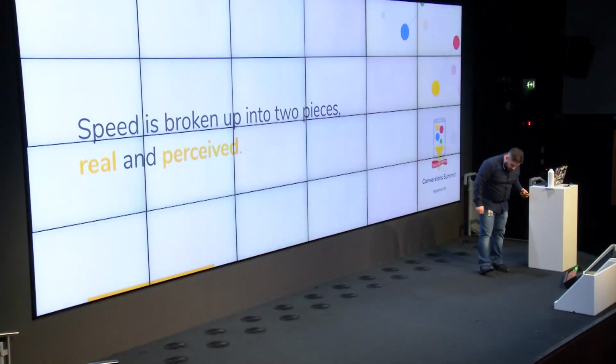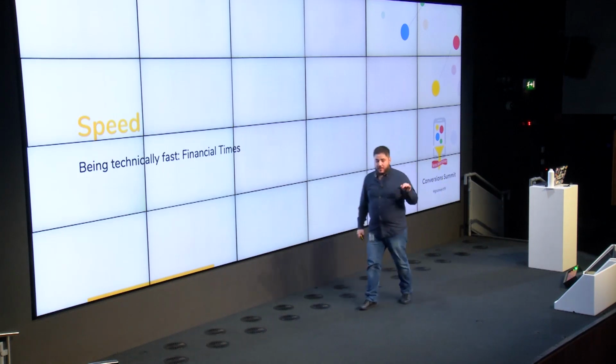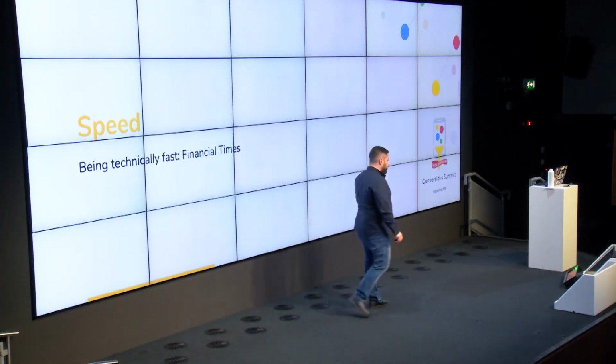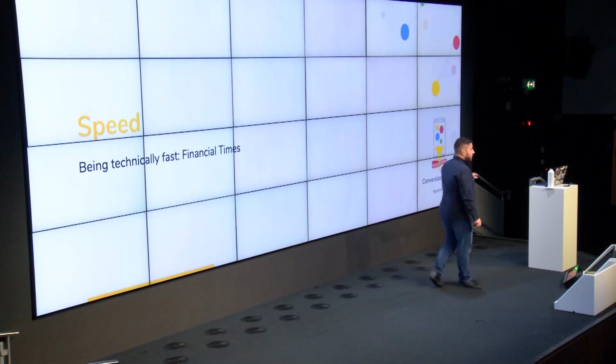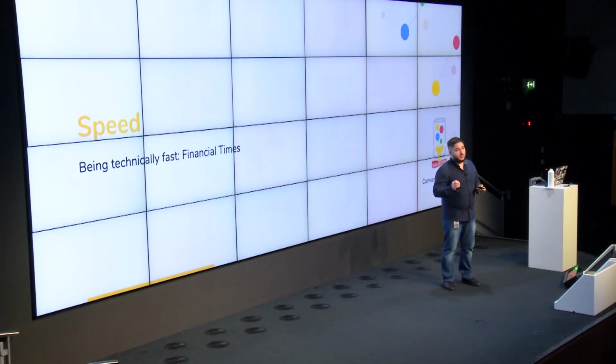But speed is broken down into two pieces, like my shoelaces are undone. Real and perceived. So what I want to do is talk about speed. I'm going to give some data and facts, but this is the story of the Financial Times. The Financial Times are really good at segmenting their users. It's really expensive for them to target every single user, and their subscription model is quite expensive.